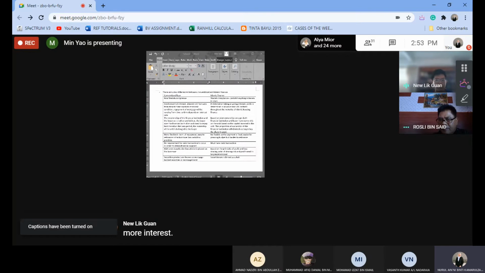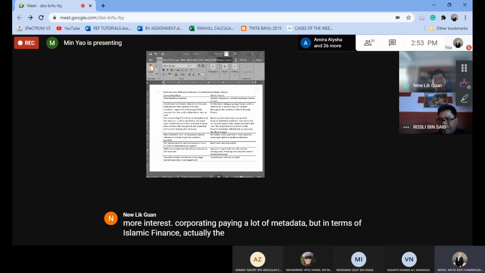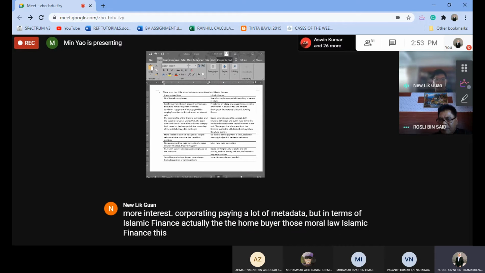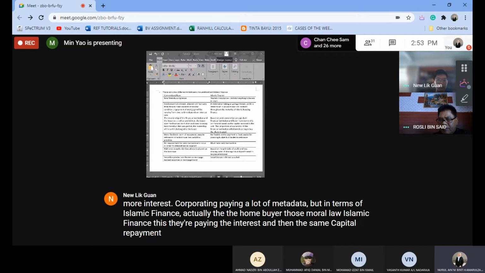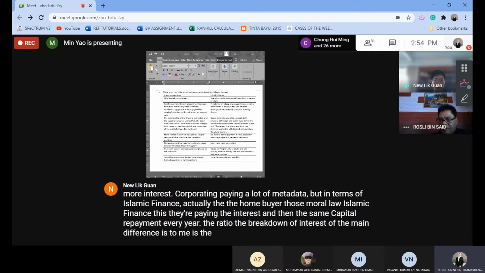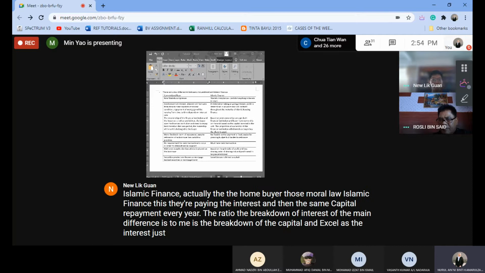But in Islamic finance, the home buyer pays the interest and the same capital repayment every year. The main difference, to me, is the breakdown of the capital as well as the interest charge per month.